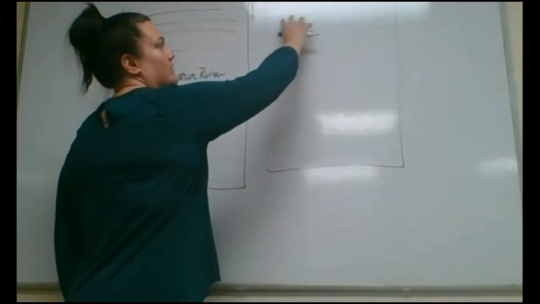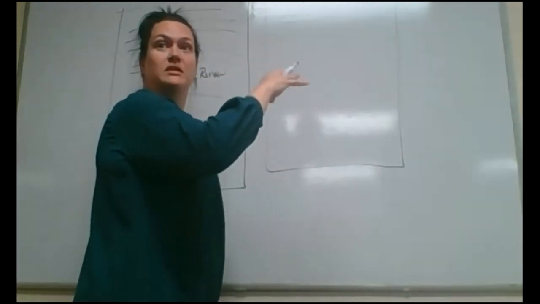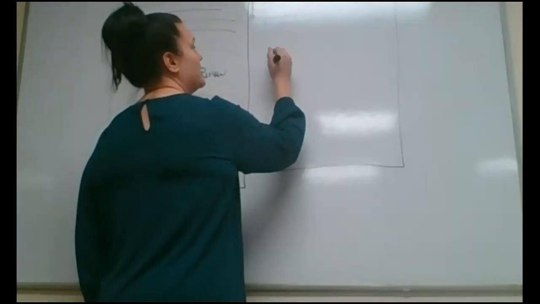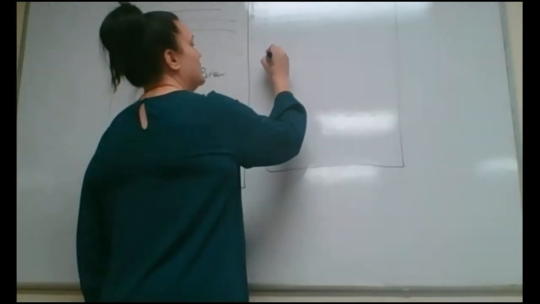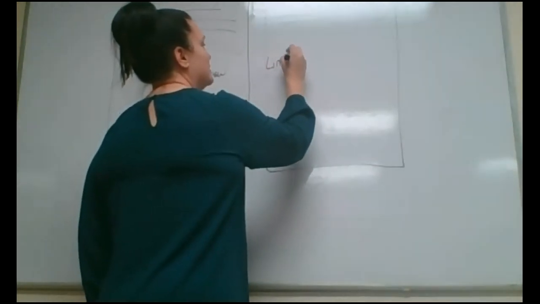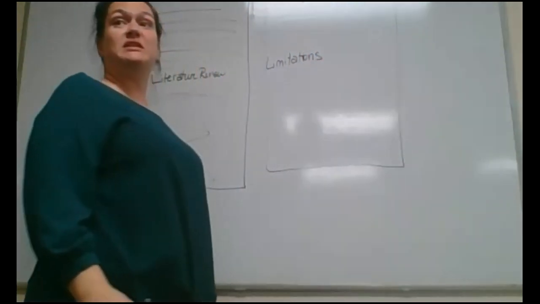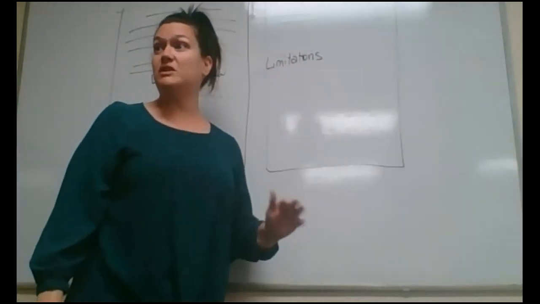Okay, so there are discussion sections, and we'll talk about these a little more in depth because our time's almost up. Then there are going to be limitations of these studies. This is a second level heading of the discussion section.